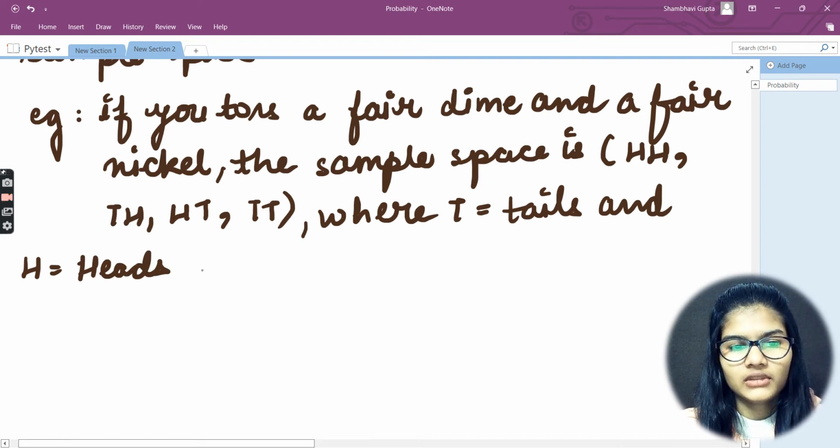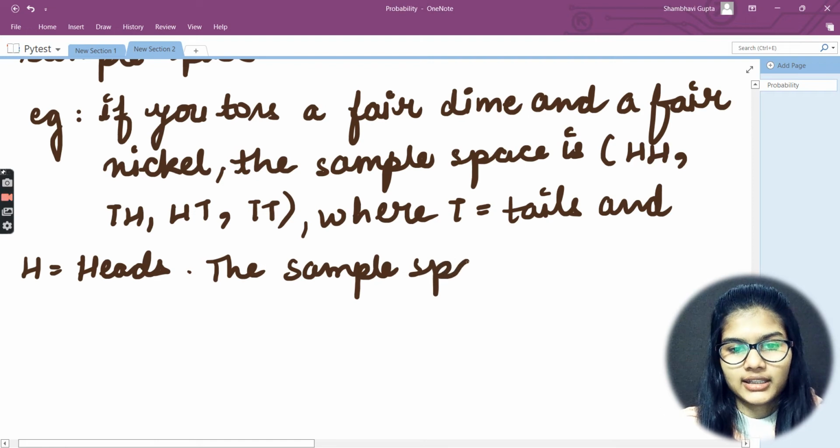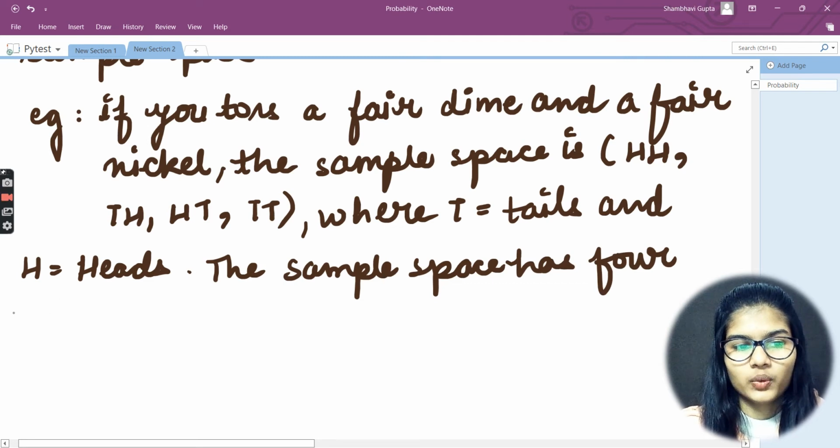Now in this case, the sample space has 4 outcomes.